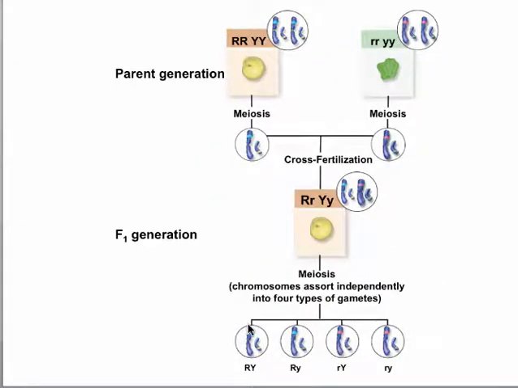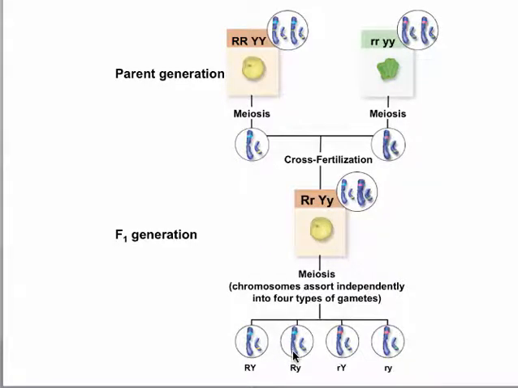So with independent assortment, the gametes that this plant produces can have any combination of round, wrinkle, yellow and green. Some of them would inherit the shape chromosome from one parent and the color chromosome from that same parent. So this would be round and yellow.